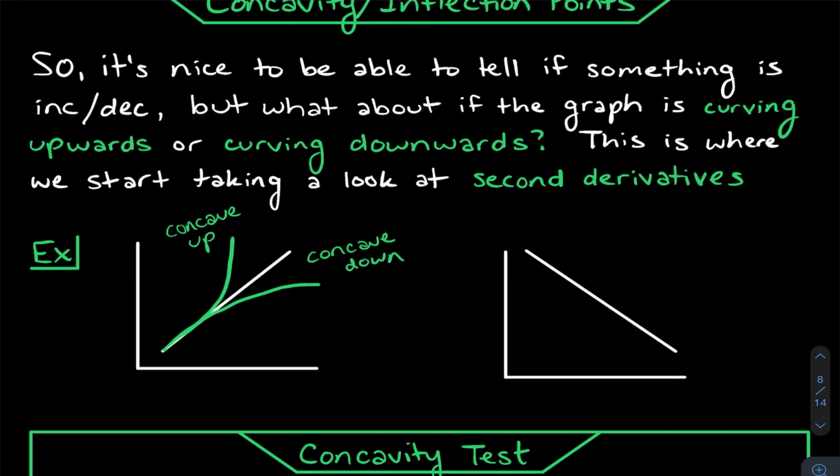Same thing when you have a line that's going downwards. Here, if we curve away from the line downwards, we're curving downwards. That is concave down. Here, though, if we deviate the other way, that's concave up. We're still moving downwards, and eventually this will turn into something that's increasing.